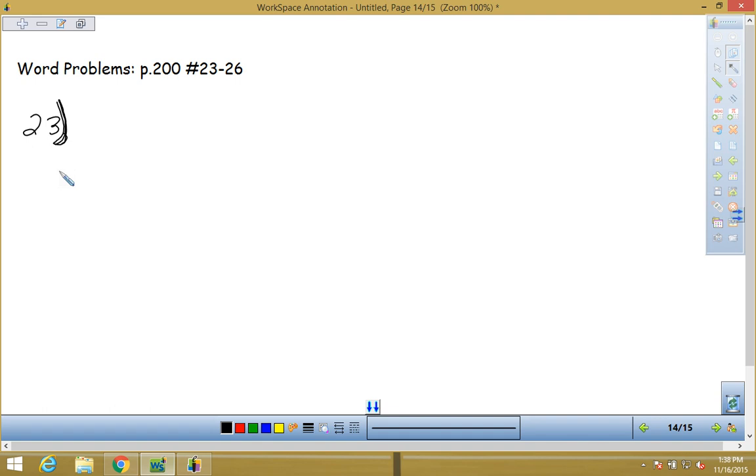Annika is placing photos in a scrapbook. She has 8 large photos, and I'm going to take notes while I'm reading. 8 large, 12 medium, and 16 small photos. So pay attention to the next part.